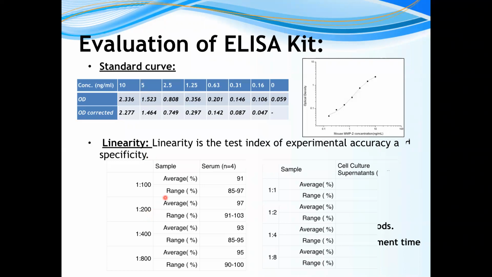The results are expressed as the percentage observed. The higher the percentage, the better the linearity of the experiment.